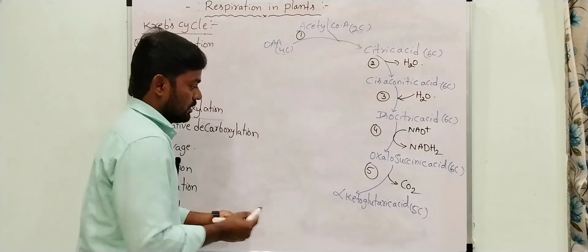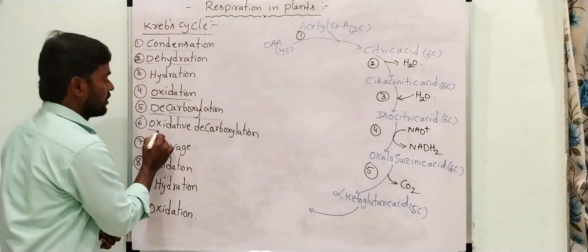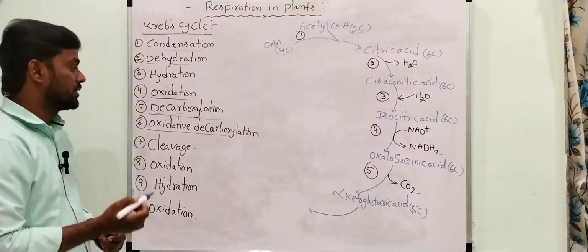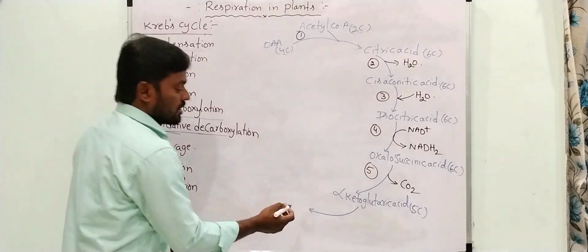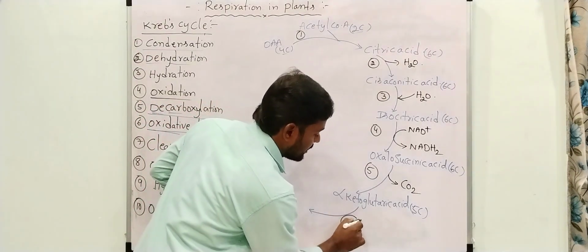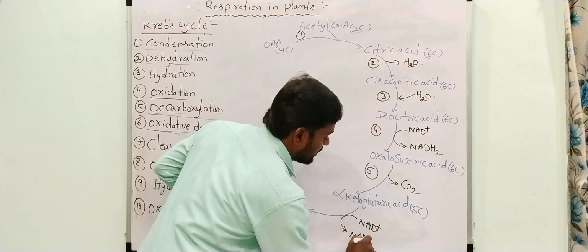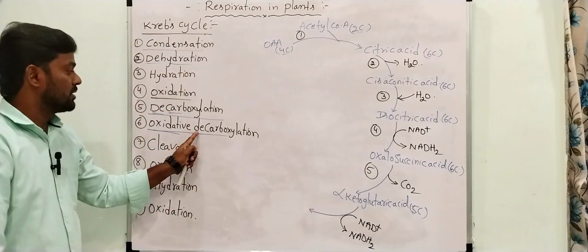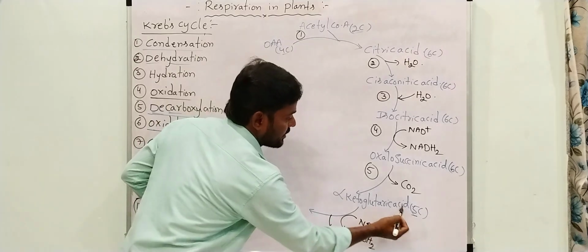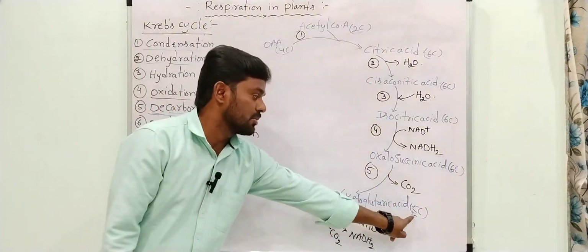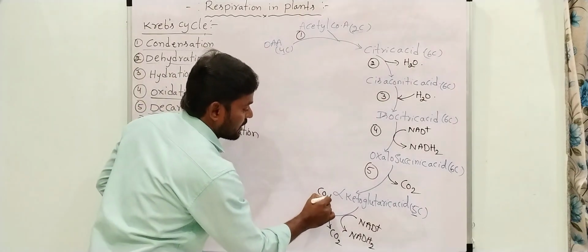Next, alpha ketoglutaric acid undergoes the next reaction. What is the next reaction? Oxidative decarboxylation. Here two reactions participate, oxidation and decarboxylation. Oxidation means the same, NAD gets reduced to NADH2. Next, decarboxylation means one carbon is lost in the form of carbon dioxide from the 5 carbon compound, and coenzyme A is added here.